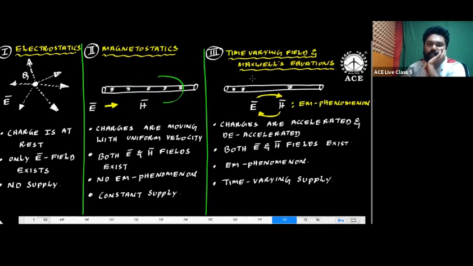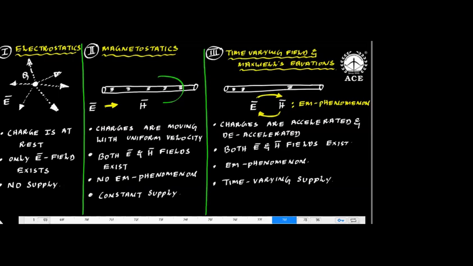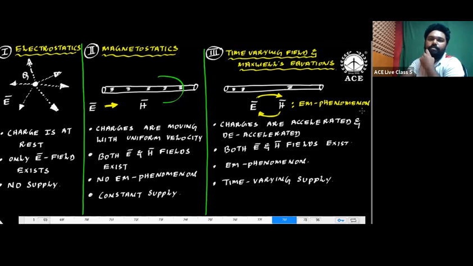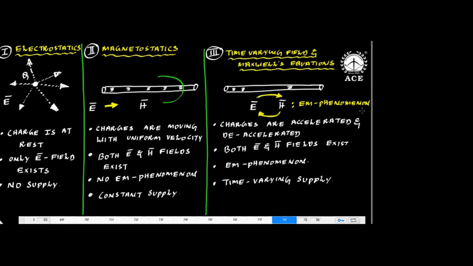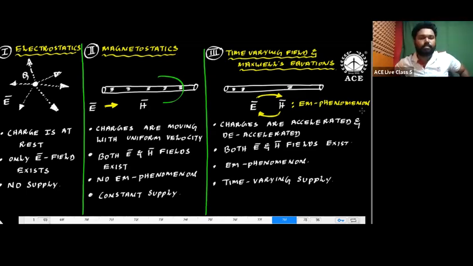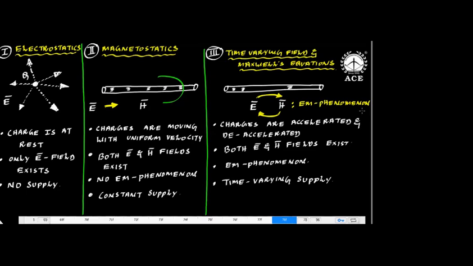If the charge is accelerated, there are both electric and magnetic fields, an EM phenomenon. In the next lecture, I have given a rough idea of what we are going to study. EM means electromagnetic phenomena. In the second one, it is the magnetic field. We call it magnetostatic.